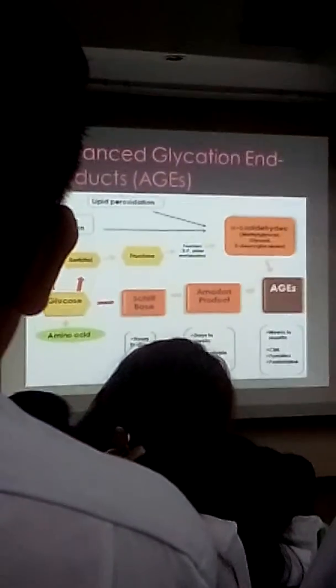An example of your Amadori product is hemoglobin A1C. This is used to help determine the level of glucose control in diabetic patients. And lastly, from weeks to months, you'll form your evil products: CML, pyridinoline, oxidine. These are the ones that are harmful to the body.